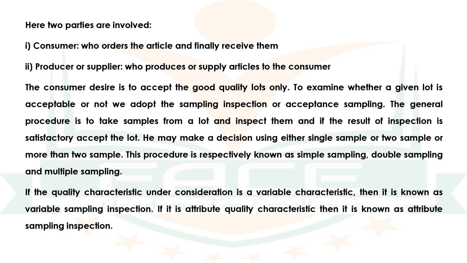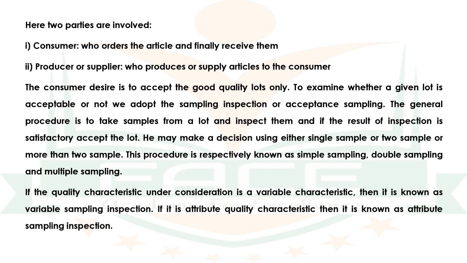The general procedure is to take samples from a lot and inspect them, and if the result of inspection is satisfactory, accept the lot. He may make a decision using either a single sample, two samples, or more than two samples.